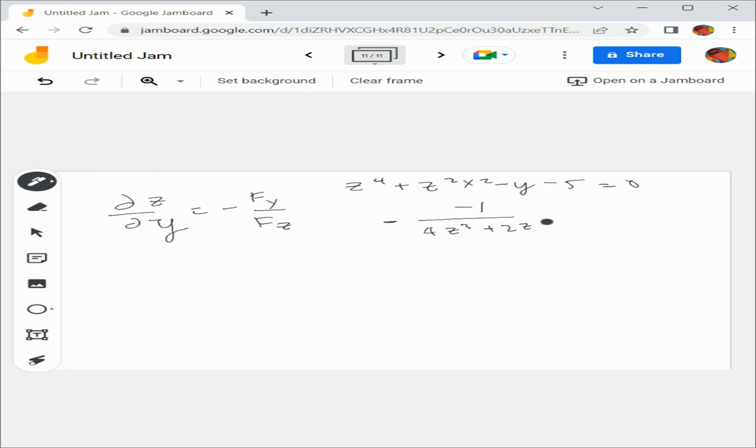plus 2z x2. Okay. Now we need to plug in p equals (1, 15, 2). So it's negative, so it's positive actually because of that.